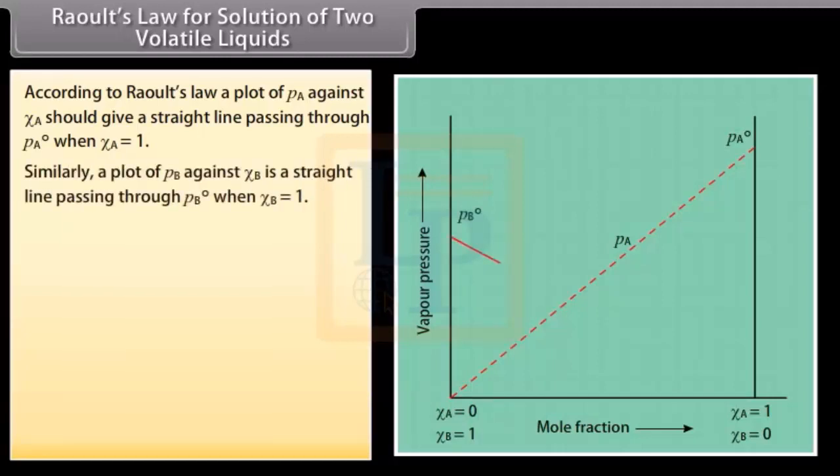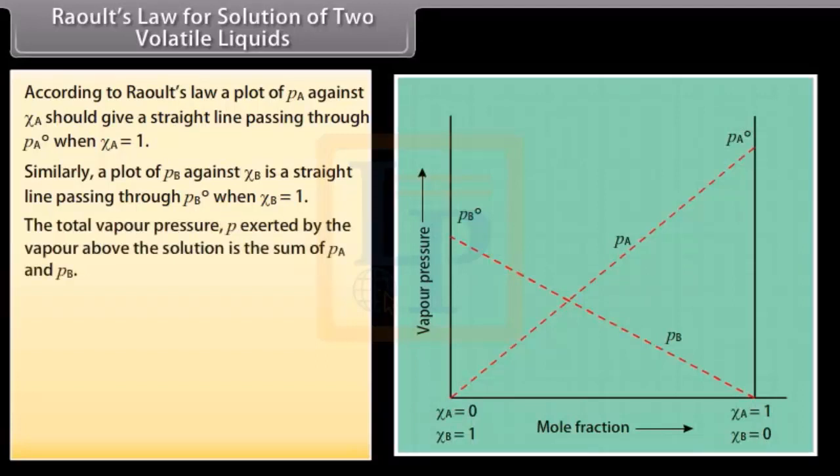Similarly, a plot of PB against XB is a straight line passing through PB naught when XB is equal to 1. The total vapor pressure P exerted by the vapor above the solution is the sum of PA and PB.